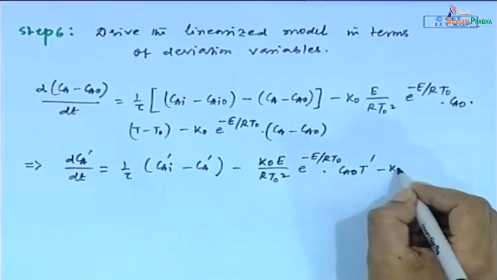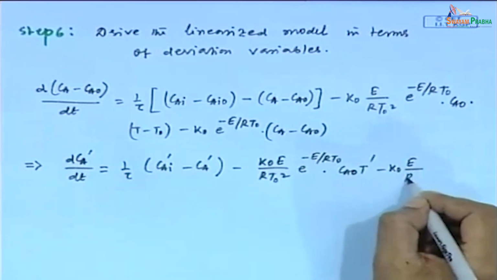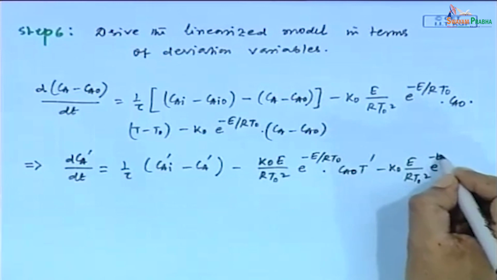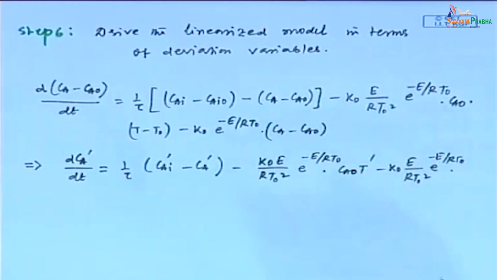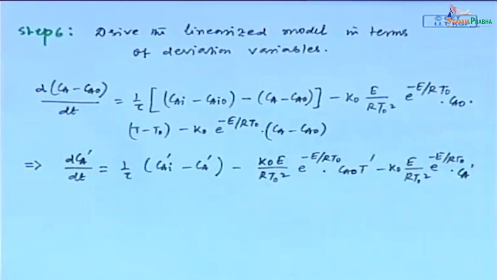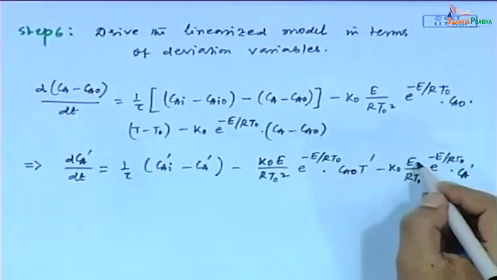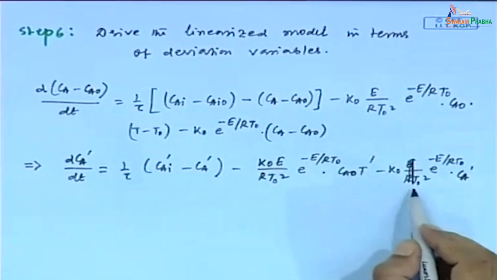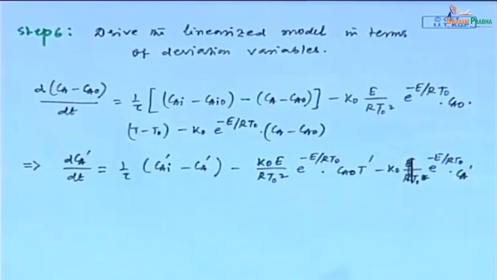The last term will be K naught exponential of minus E divided by R T naught C_A prime.